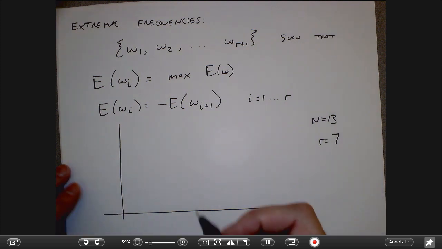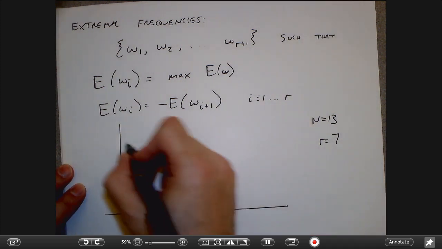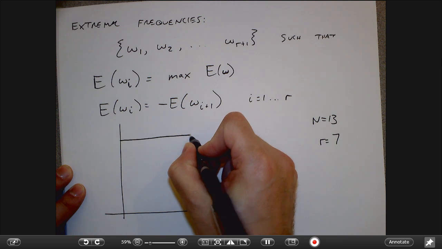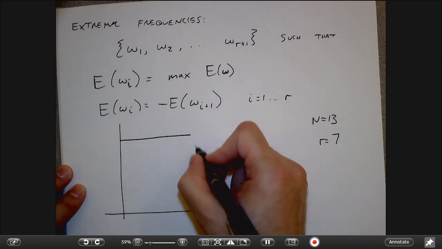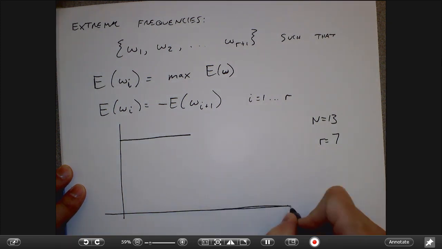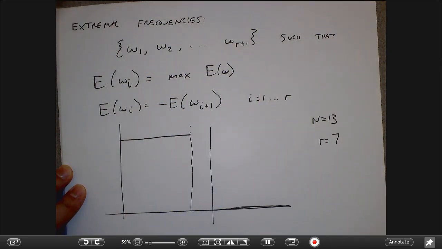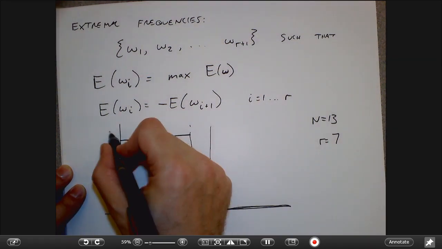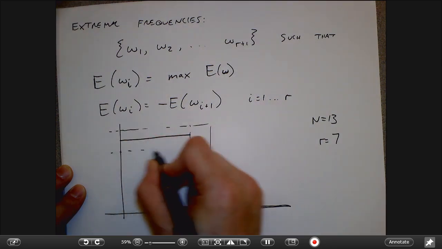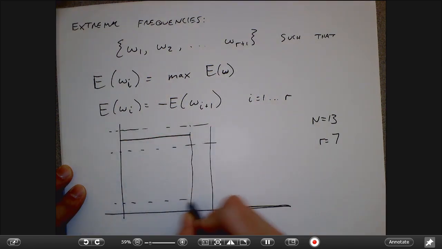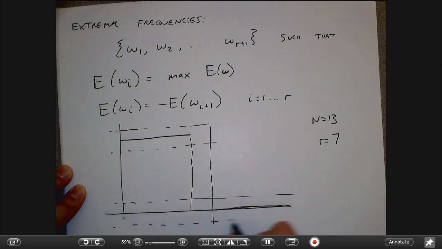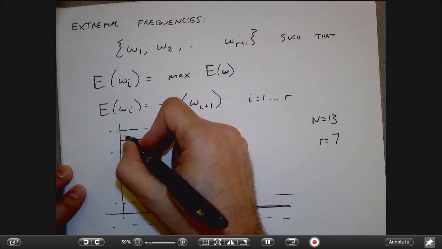And what this is telling me is that if my desired amplitude response looks like this, so kind of here's my transition band. So what this is saying is that if I draw in my maximum dotted lines, I have to get something that looks like this.